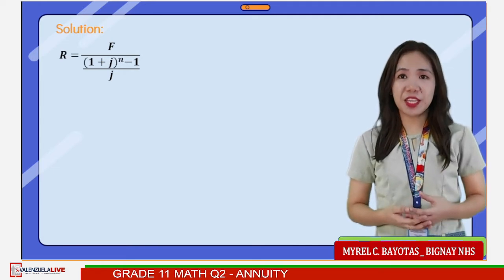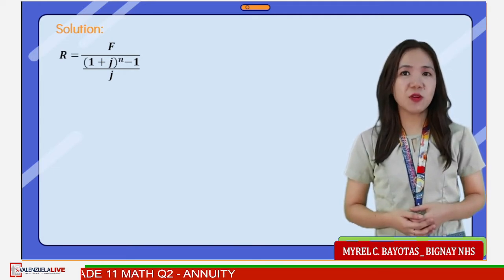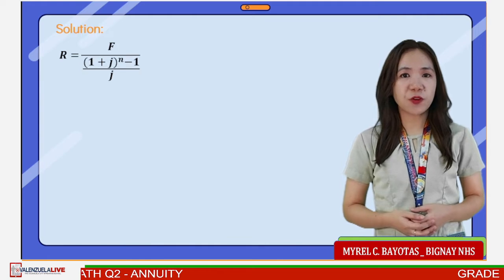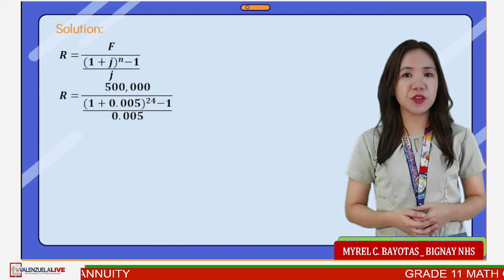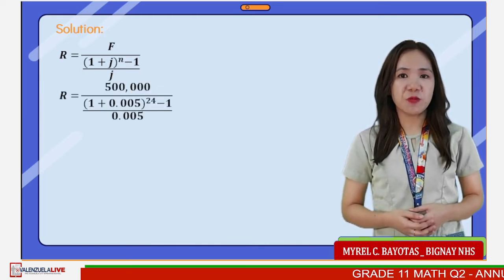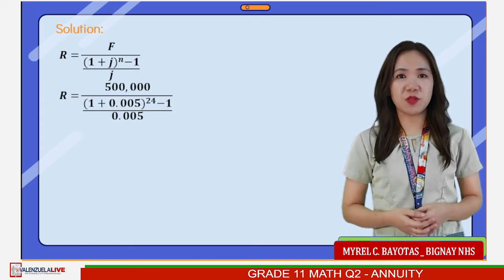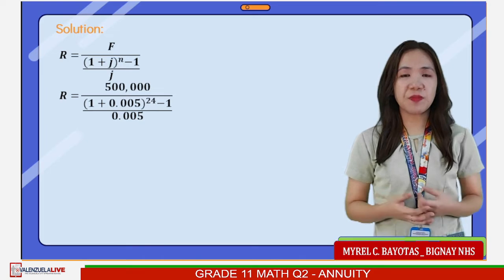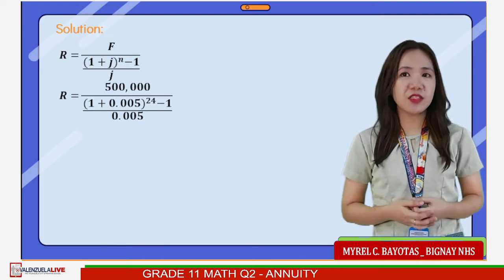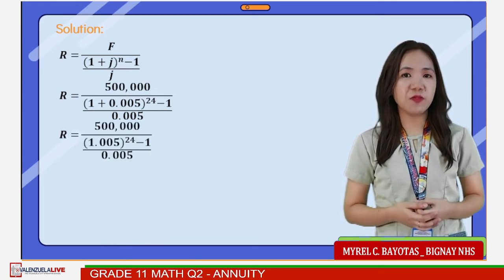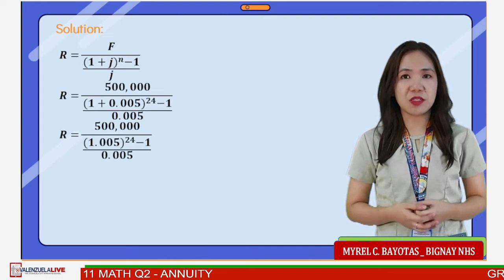Let's substitute the given to the formula. R equals 500,000 over the quantity of (1 plus 0.005) raised to 24 minus 1, all over 0.005. Considering PEMDAS, add 1 and 0.005, which are inside the parentheses.